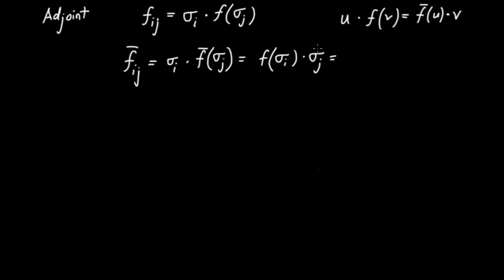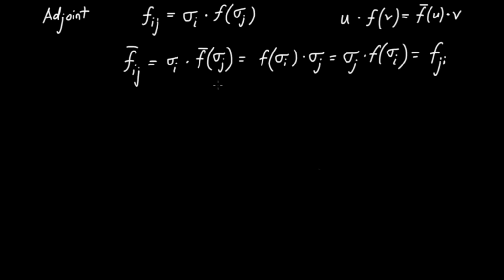Now the dot product can be commuted. We'll assume we're working with real numbers here, so there's no problem with flipping the order. So we have sigma j dot f sigma i. But what is this thing? Well, go back up to this formula. We have sigma j dot f of sigma i. This is the ji entry of the matrix F.